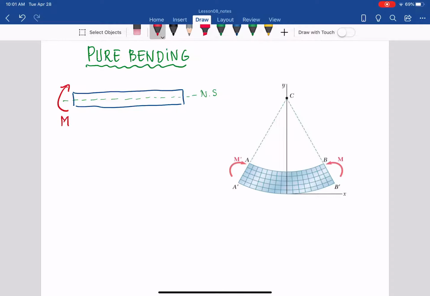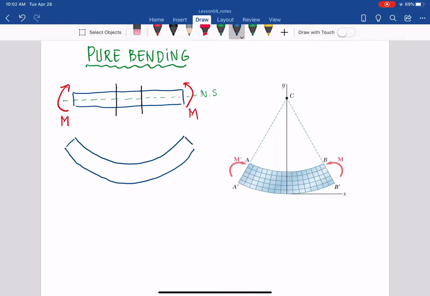If I apply a bending moment, in this case clockwise on the left and counterclockwise on the right, then as you can see with the stripe that I showed in the demonstration, it's 7 centimeters. When the moment is applied, the member will be bent, as shown here.